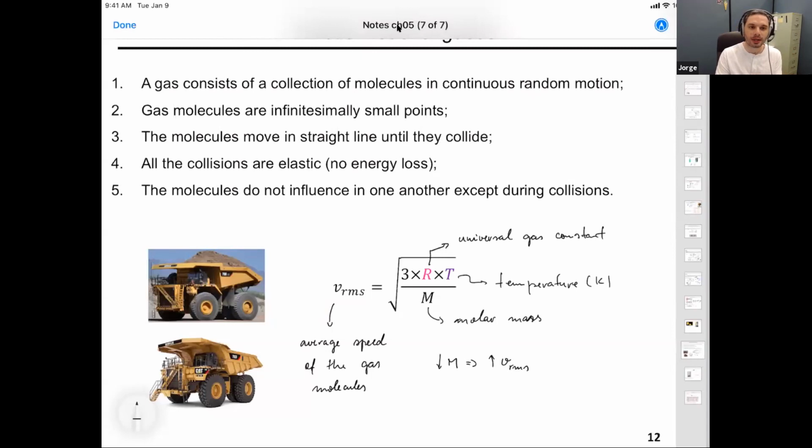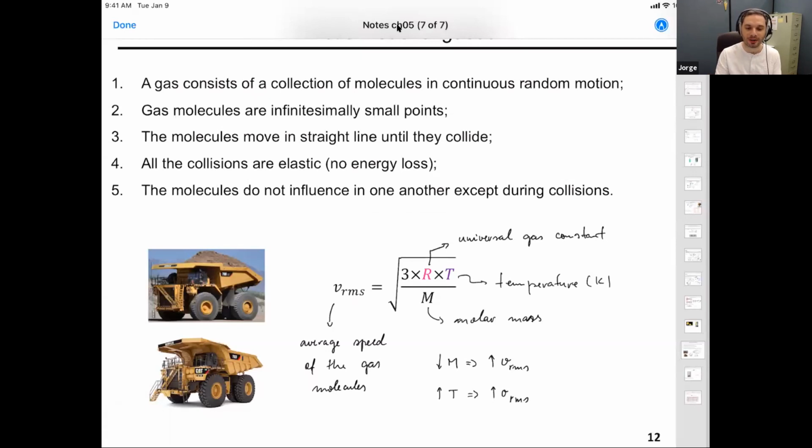Now, let's take a look regarding the effect of temperature on the speed of the gas. More temperature you provide to a gas translates in more energy for the gas to move around. So higher temperature will result in a higher speed for the gas.